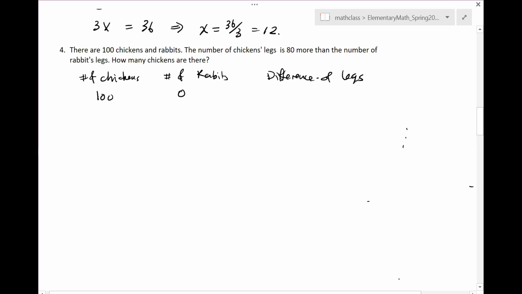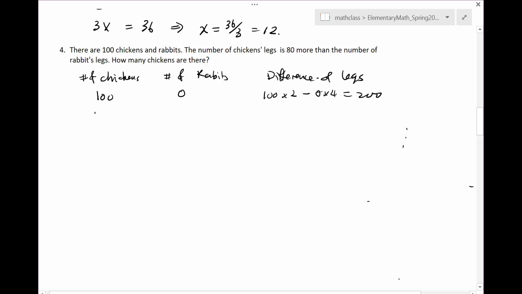So 0 rabbits. The difference of the legs. Okay, the chicken has more, how many, right? 200 times 2, that's the number of the chicken legs. Minus, right, 0 times 4, that's the number of rabbit's legs. So total is 200. That means in this case, there are 200 more chicken legs than the rabbit legs.